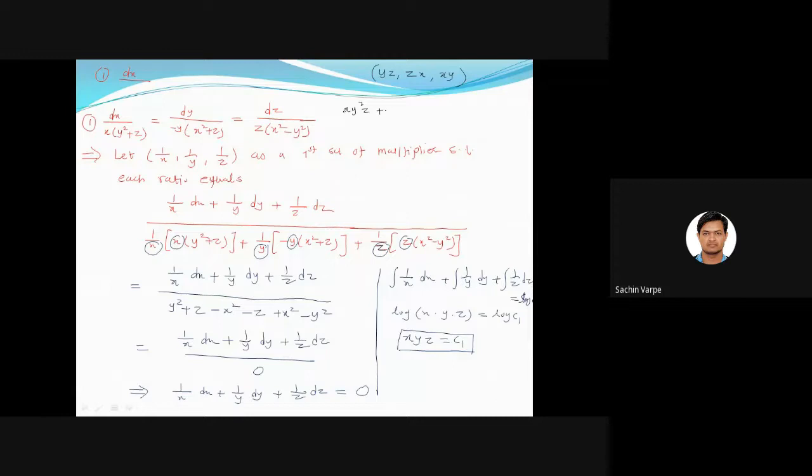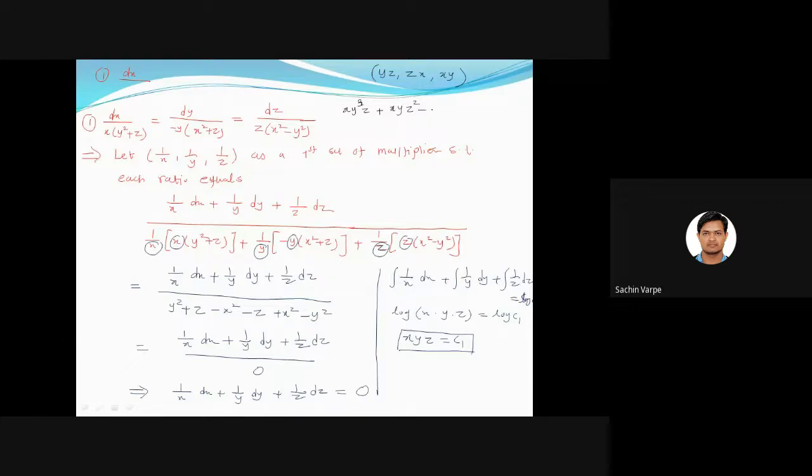Plus x y z square. Here it will be y cube. And then xyz, that will be z square.